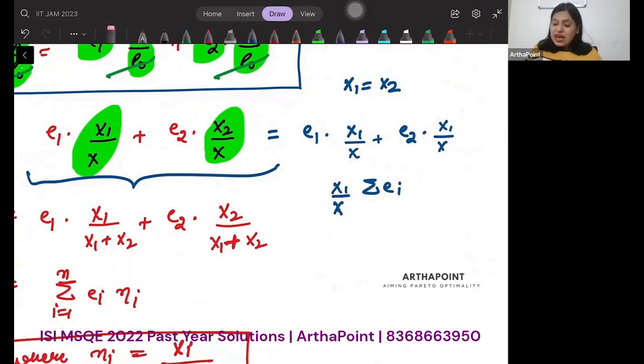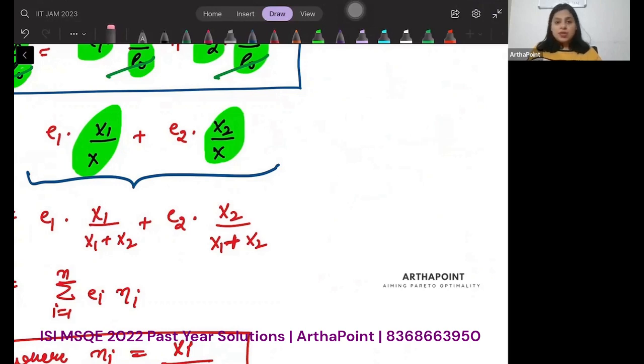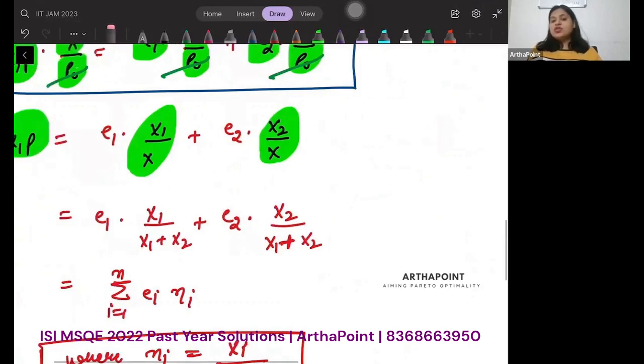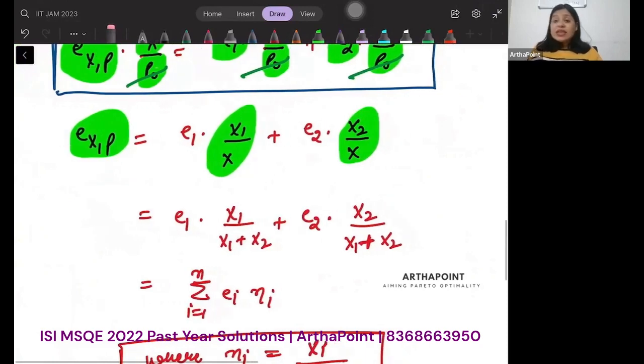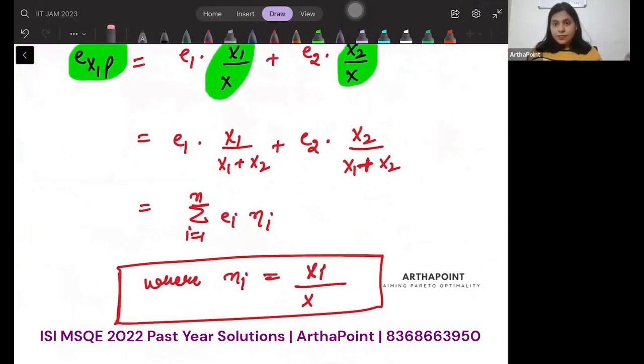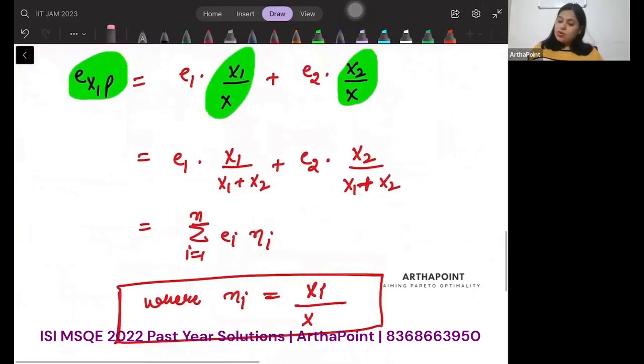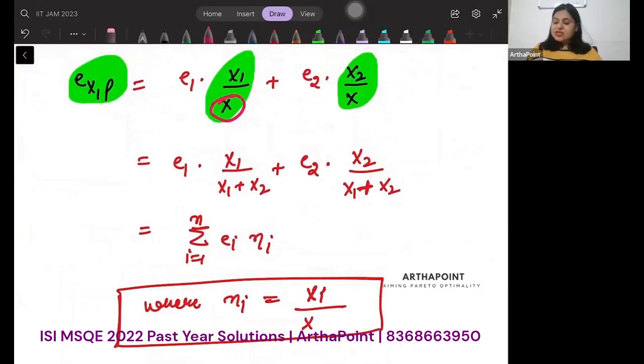Now for me, it is clearly given that it is not identical. If it is not identical, I cannot take anything common. The maximum I can do is write this X as x1 plus x2, because X is the aggregate demand, so it is going to be the sum of the individual demands. So here I can write x1 plus x2 and here also I can write x1 plus x2.